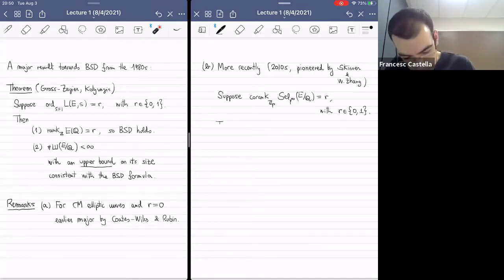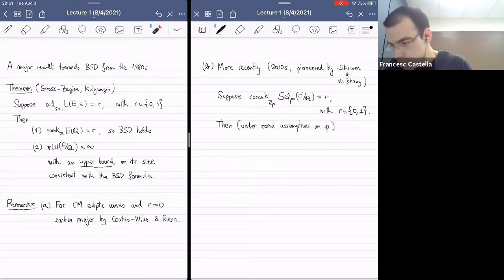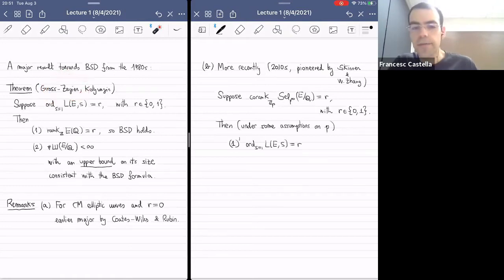Then these more recent results show that under some hypothesis on the prime p, one gets the following. First, that now the analytic rank is r accordingly. And therefore, by the result of Gross-Zagier and Kolyvagin, BSD follows.